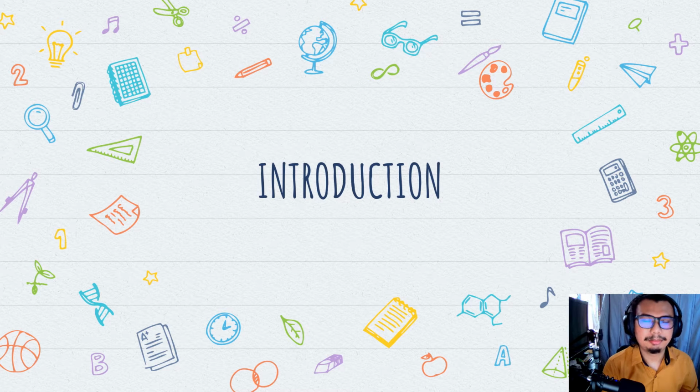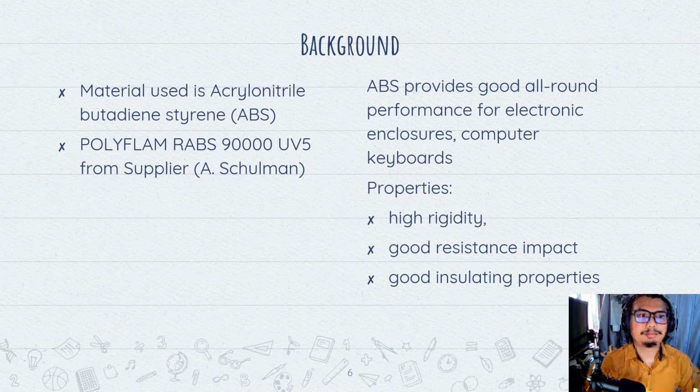Talk about the background for the project. The material used in this project is acrylonitrile butadiene styrene, also known as ABS. Polyfem RABS 90000 UV5 from supplier A. Schulman is being used for the Moldex3D injection molding process.